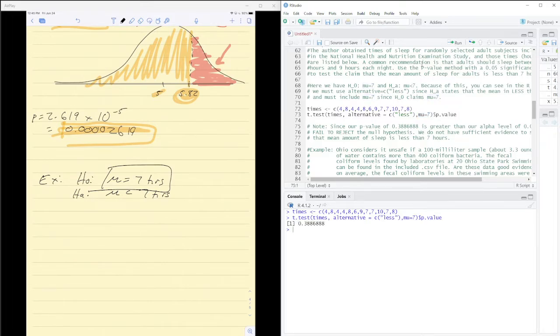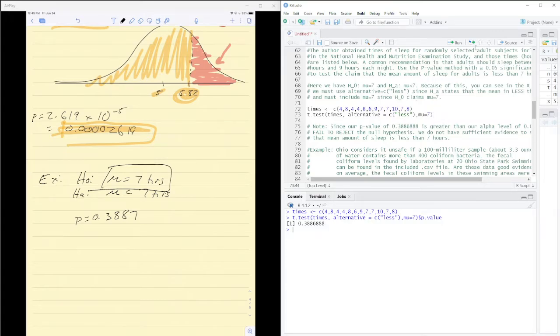And then the p-value. Here we get a p-value of 0.3887. What this means is the probability that we took a random sample and received these results. And we can see all the results if you wanted.